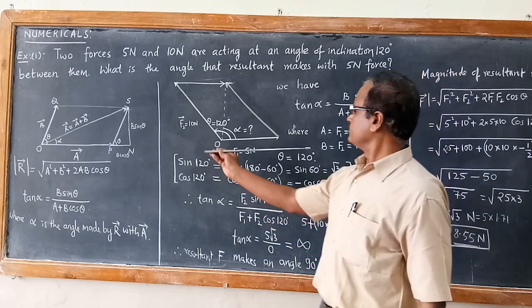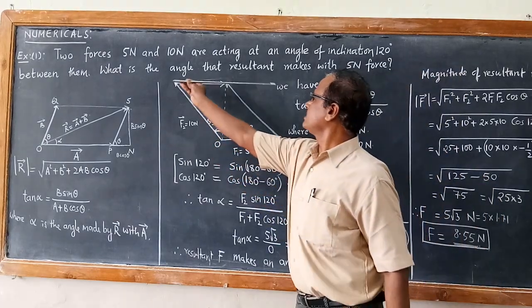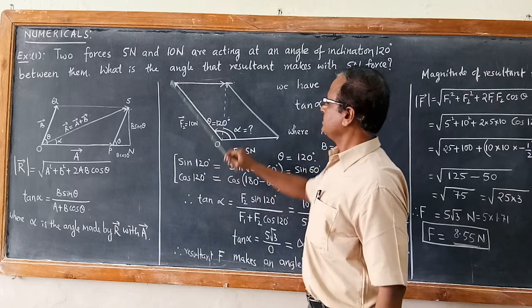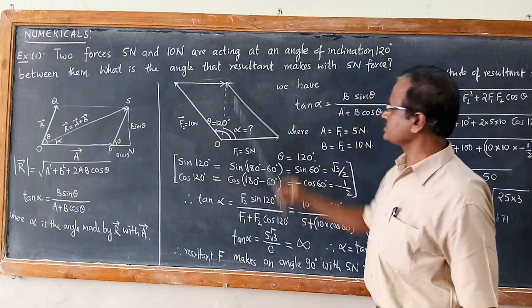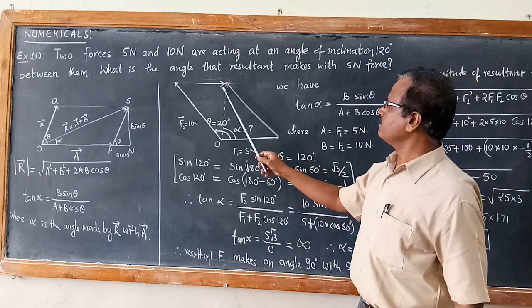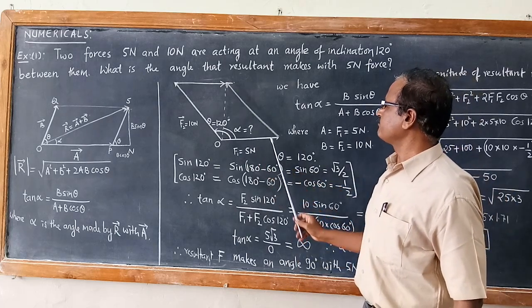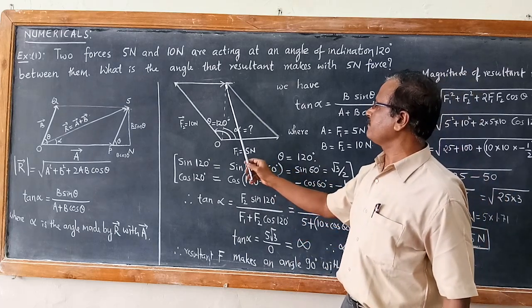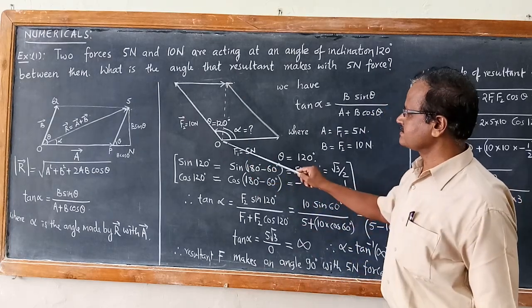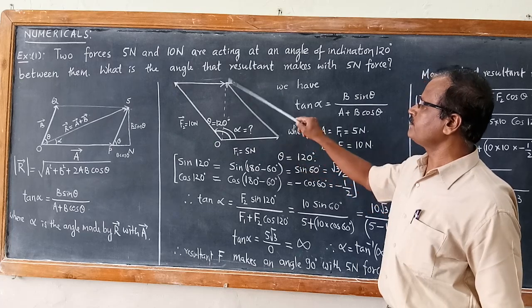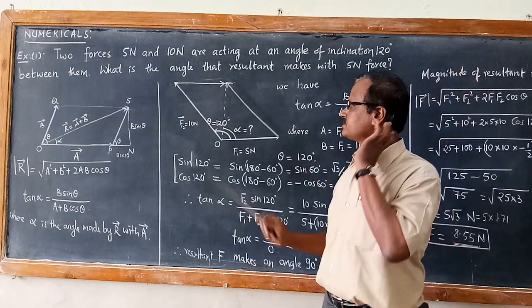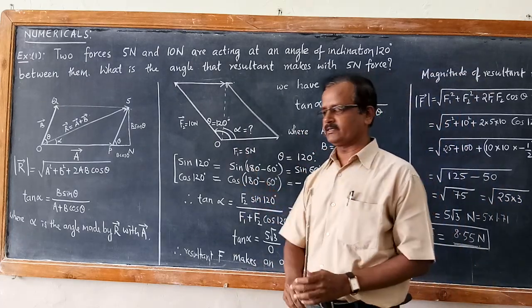F1 is like this, so parallel vector F1 is also like this. F2 is in this direction, so parallel vector F2 is also in the same direction. Both the heads of F1 and F2 meet here. So join from the point of origin to the point where all the heads meet. That gives us the resultant vector.